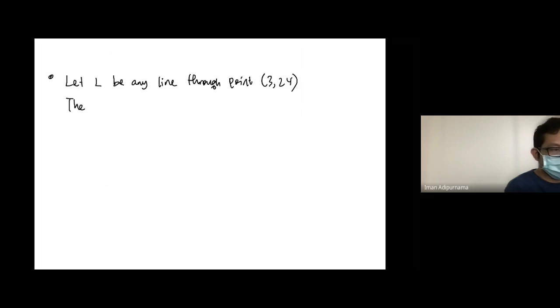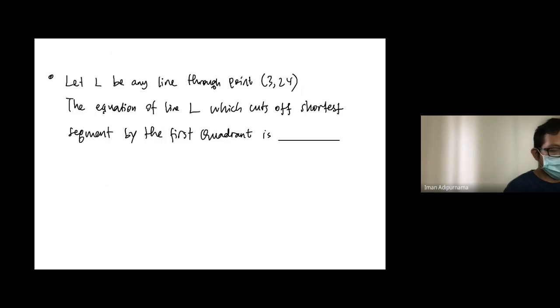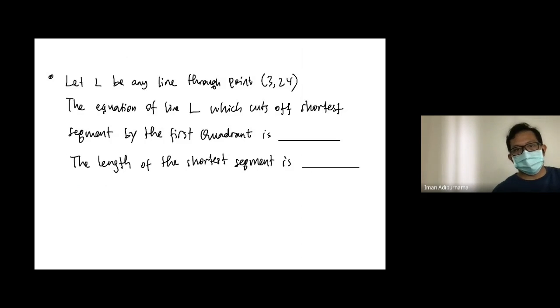The equation of line L, which cuts off the shortest segment by the first quadrant is... find the equation, and the length of the shortest segment is... find the value. I think this is a good approach for it.